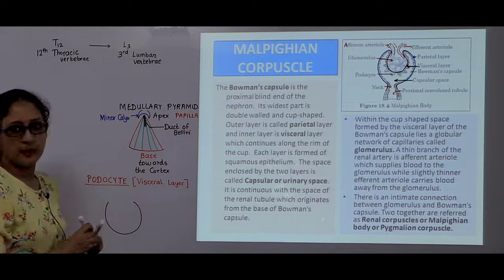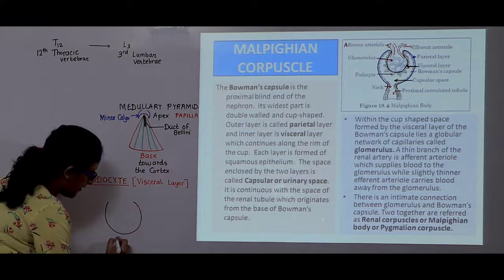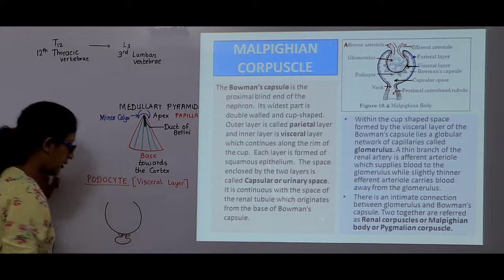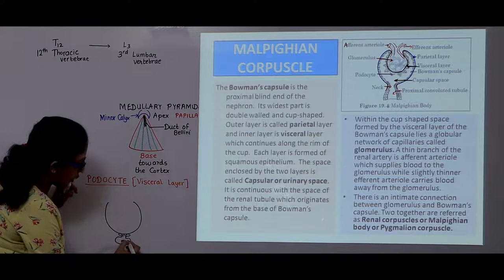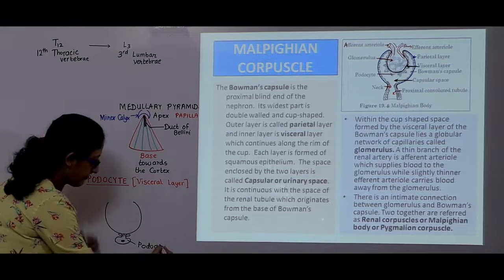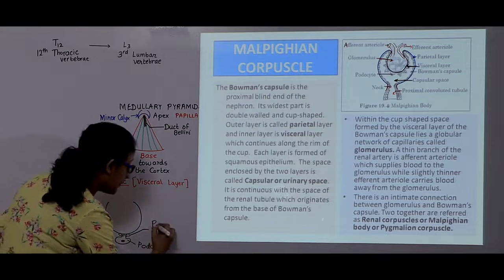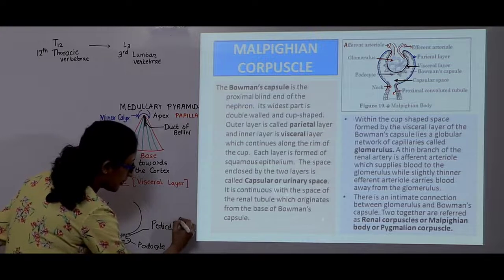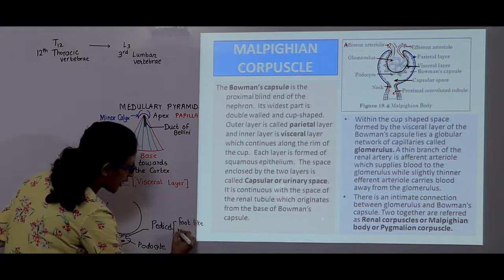This is the basement membrane, and then you have those modified cells. Those modified cells are like this, which gives those finger like or foot like projections. So this modified cell is called the podocyte. The foot like projections are called the pedicels to increase the surface area. So the pedicels are the foot like projections.